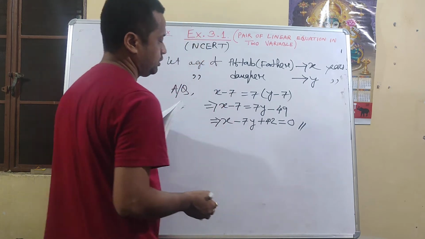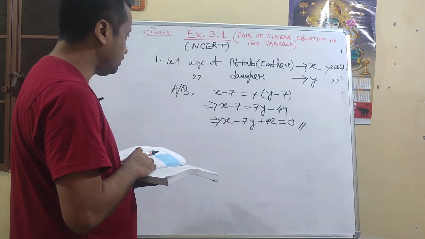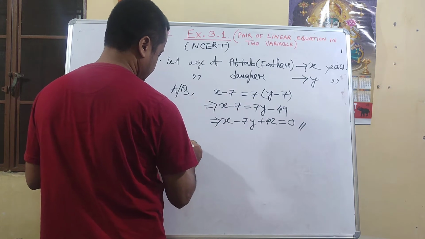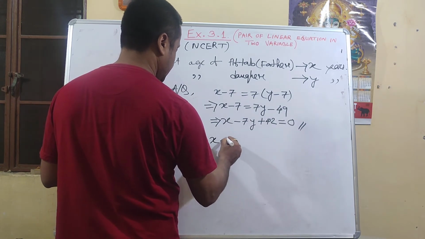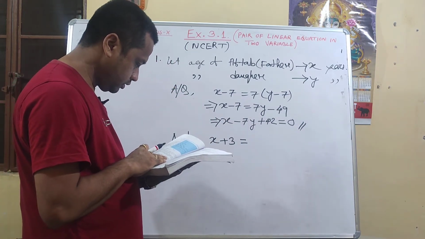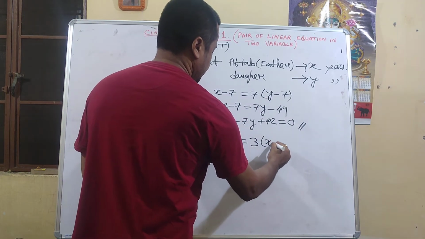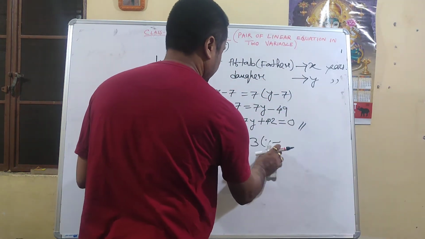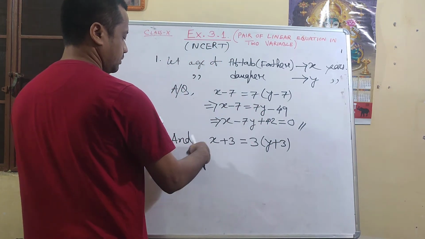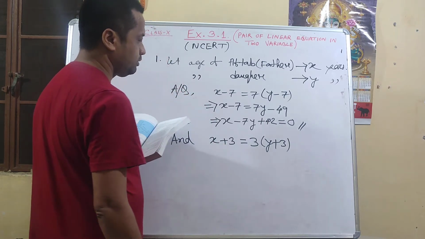So that is the first linear equation. Second condition: 3 years from now, that means after 3 years. After 3 years father's age will be x plus 3, and daughter's age will be y plus 3.